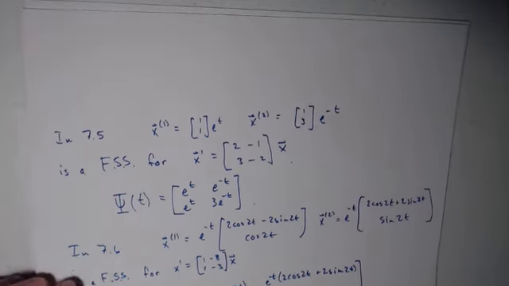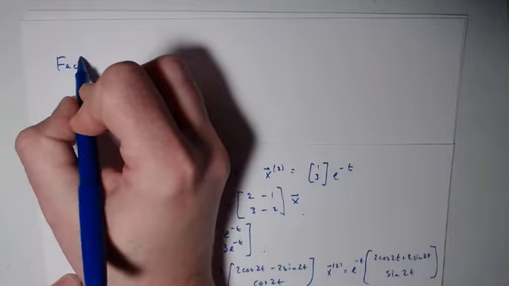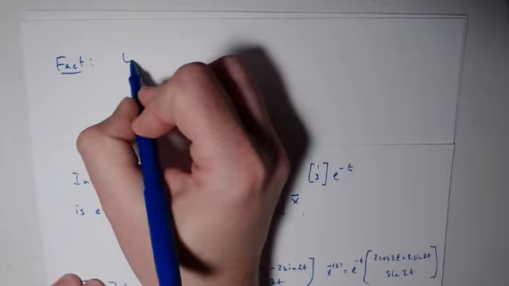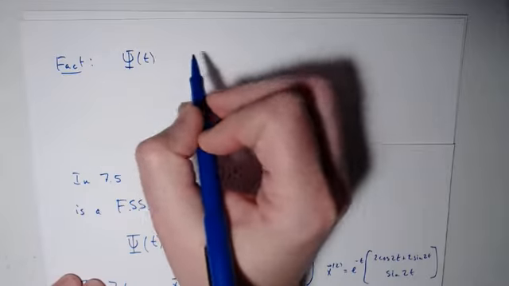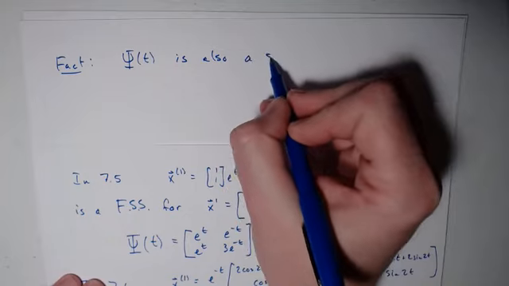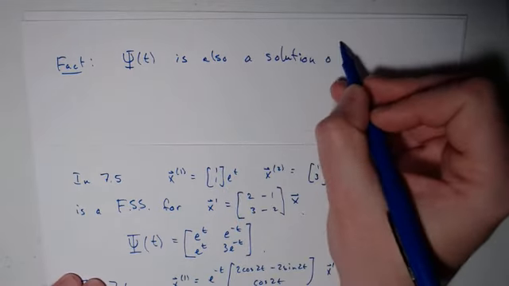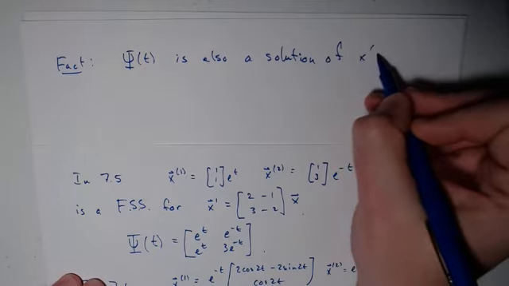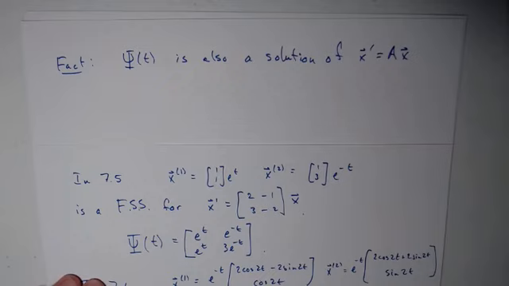So another thing we can do with these is it turns out that psi of t is also a solution of x prime equals A x. We can plug it in.